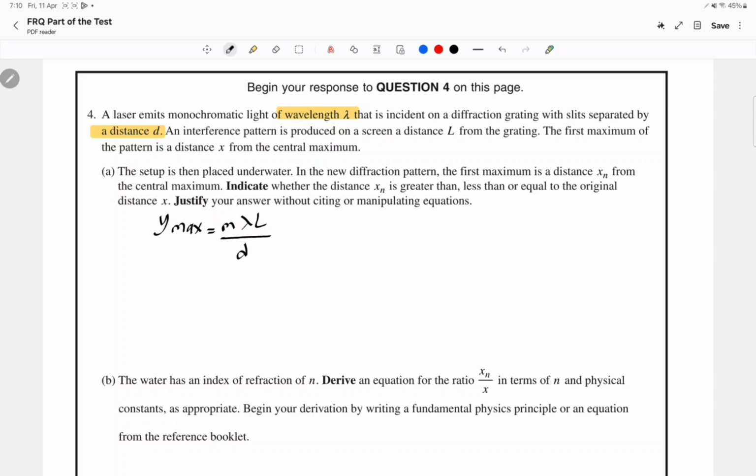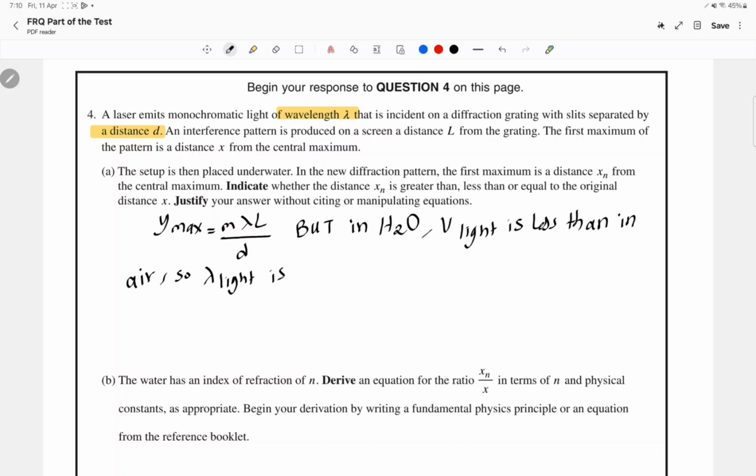Now, in the water, is the wavelength more or less than the air? There's more index, so in water, less. In water, the speed is less, so the lambda is less. The speed of light is less than in the air, so the lambda of the light is less in water.